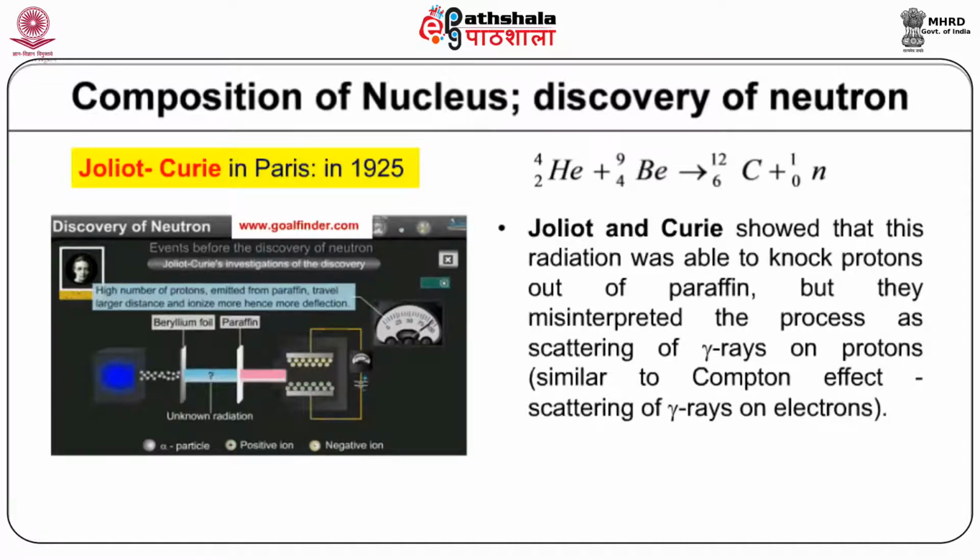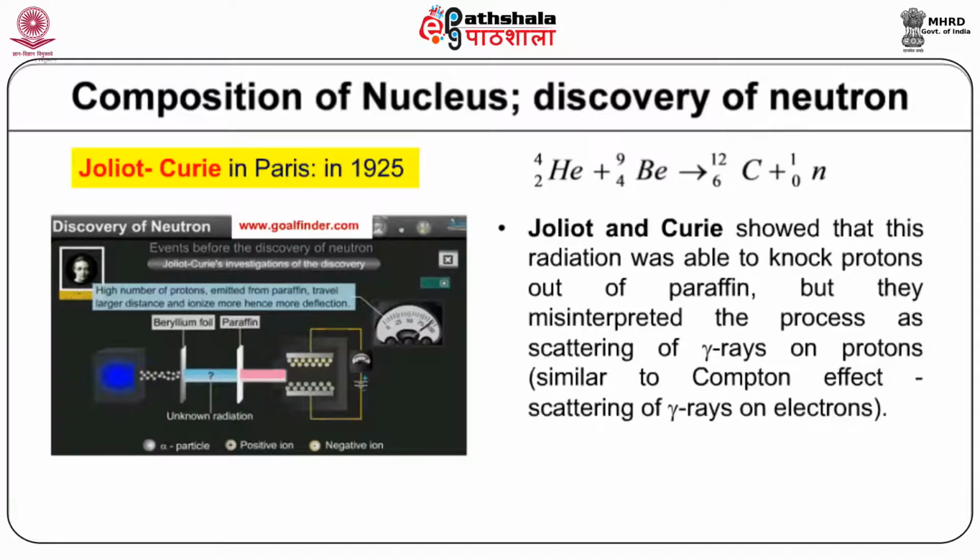Because the Compton effect was discovered much before the discovery of neutrons, they thought that the invisible radiation coming out of the beryllium foil, due to the reaction of the alpha particle with beryllium, was basically energetic gamma rays.